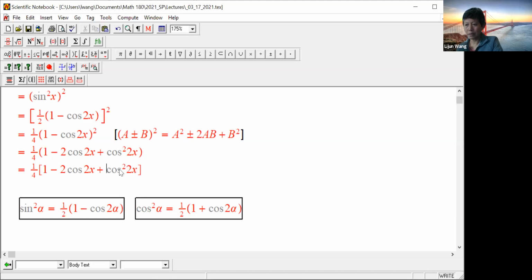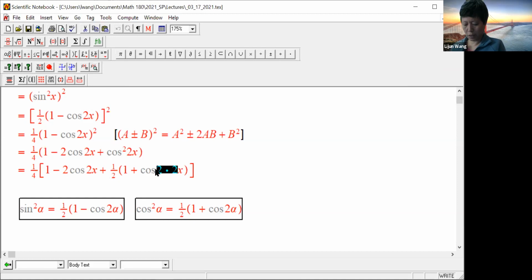So when I replace this, I need to know alpha is 2x. So if alpha is 2x, this will make a 4x. Does everybody follow?